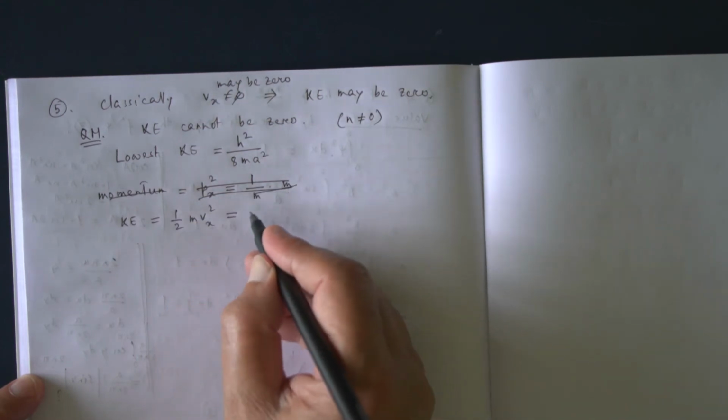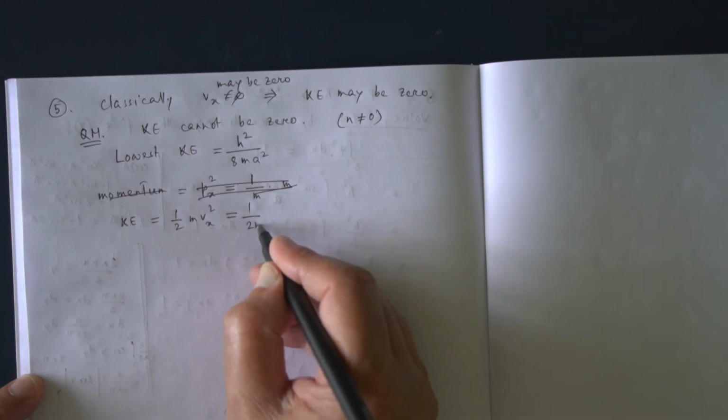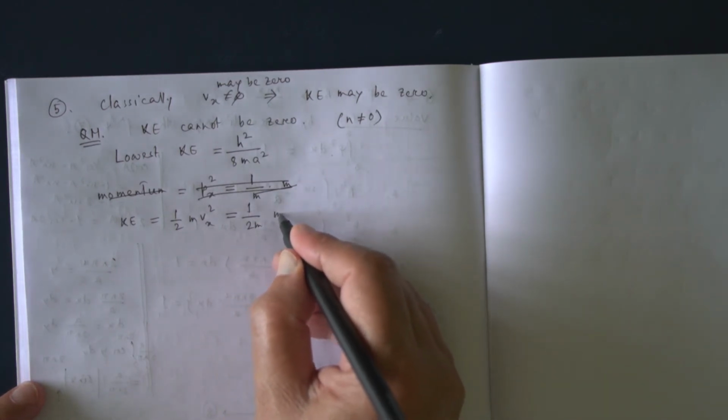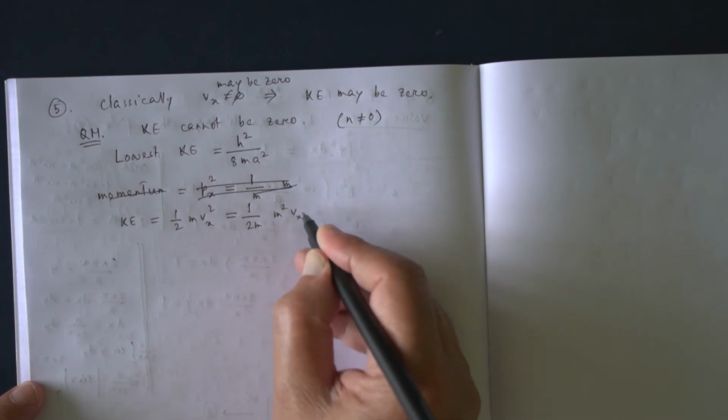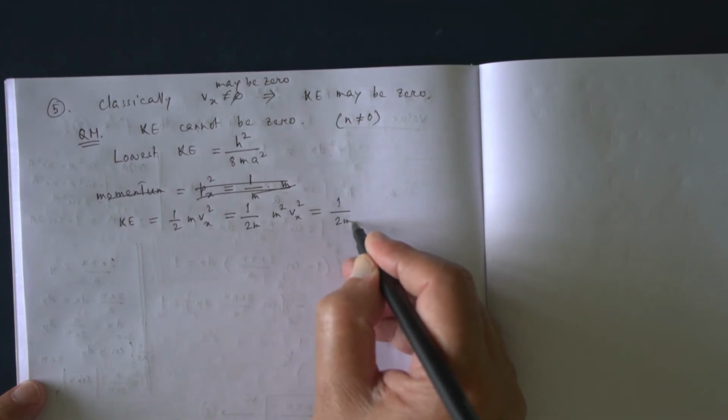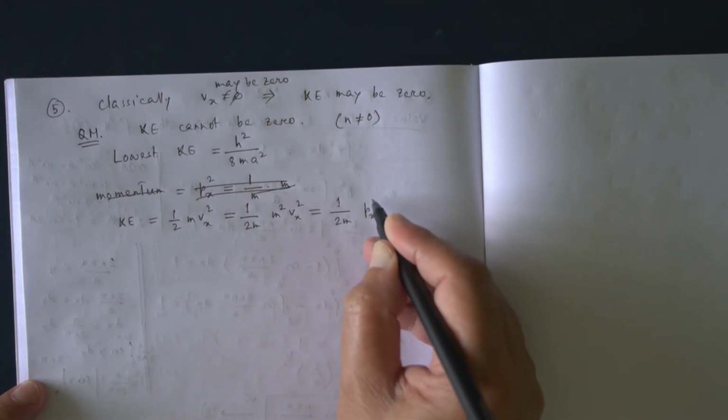This is equal to 1 by 2m into m square vx square, that is equal to 1 by 2m px square. Kinetic energy equal to this.